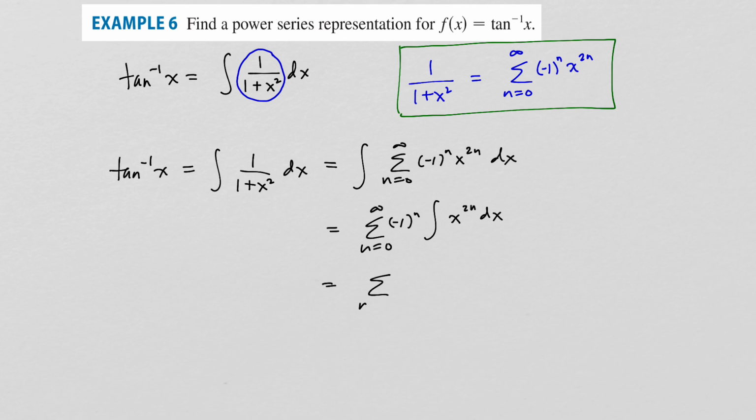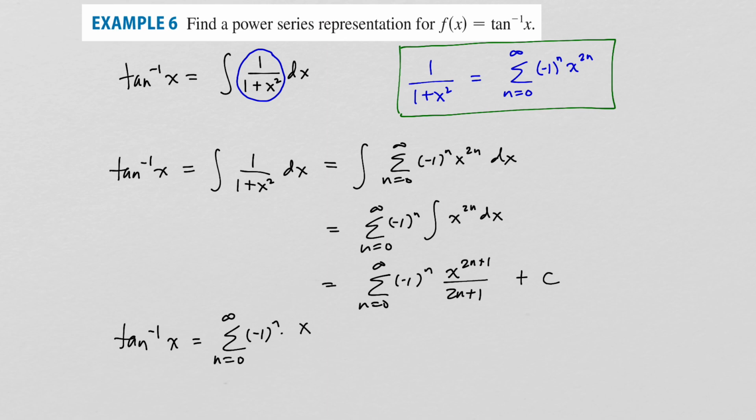And when we do that, the antiderivative of x to the 2n is x to the 2n plus 1 divided by 2n plus 1 plus c. And so now we have the inverse tangent of x is equal to the power series summation negative 1 to the n times x to the 2n plus 1 divided by 2n plus 1 plus c.